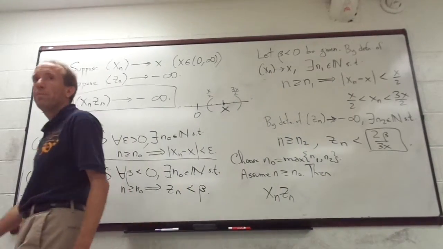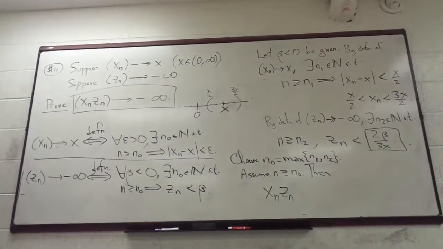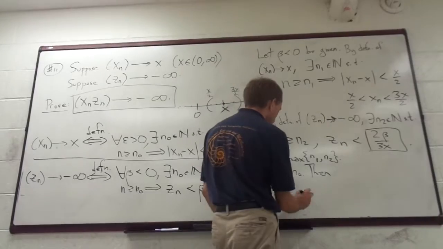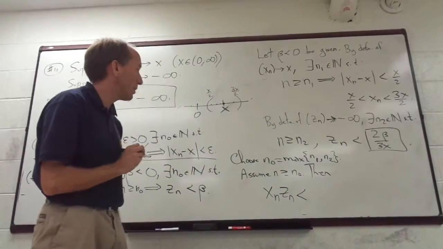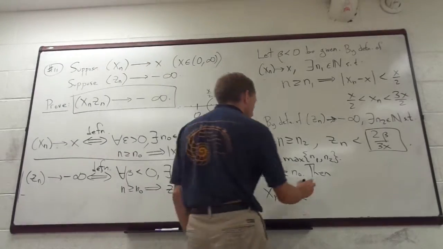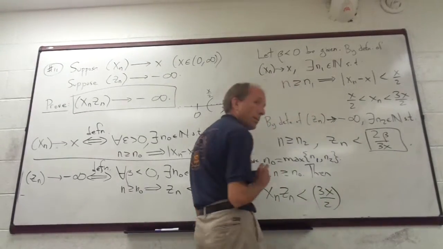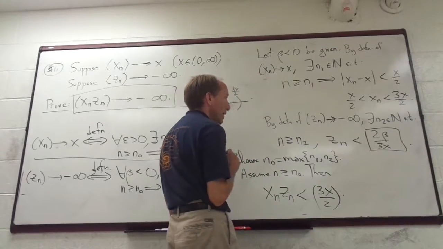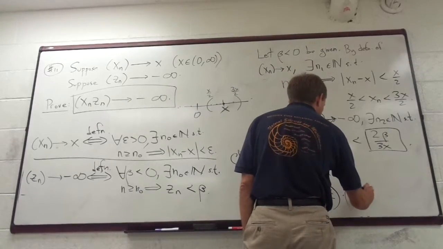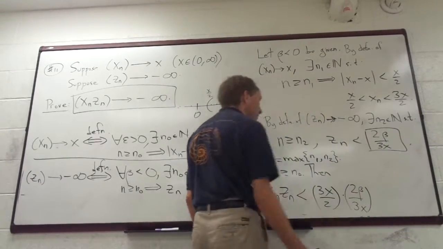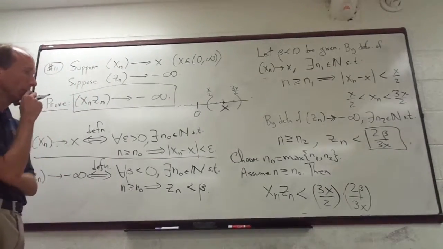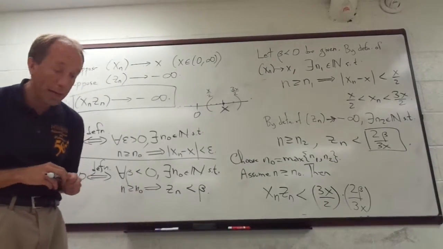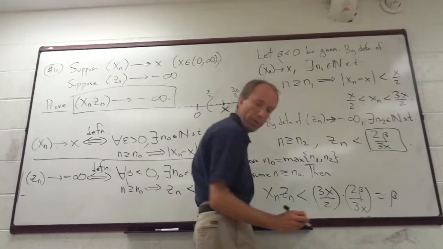The idea here is that xn is less than 3x over 2, and zn is less than 2 beta over 3x. That just comes out to beta, right? Let me just see if this is what I came up with.